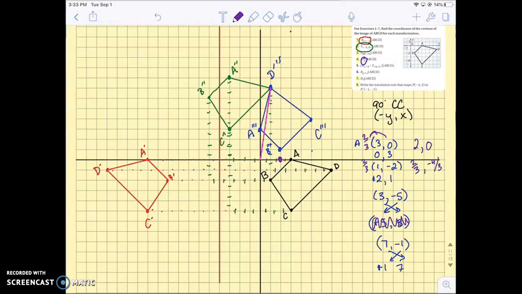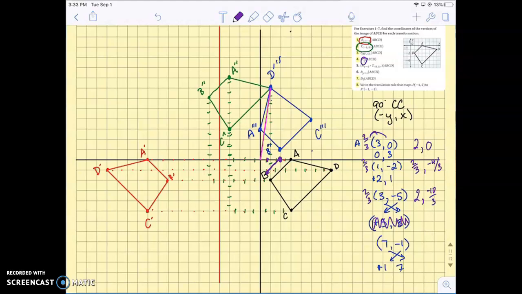All right, let's see how your fractions are. 2/3 is about here, and negative 4/3 is about here. So I'm shrinking towards the origin. Here's A and B now. I'm going to take 2/3 of 3, which is 2, and I'm going to take 2/3 of negative 5, which is negative 10/3, which is like 3 and change.